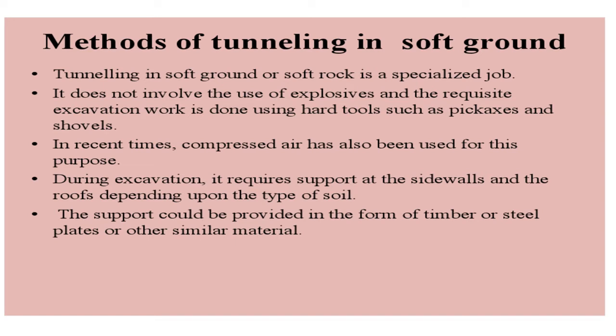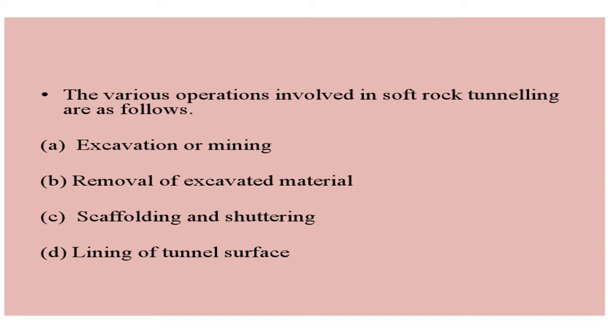The support can be in the form of timber, or steel plate, or any other similar material. Now, the various operations involved in soft rock tunneling include excavation or mining, removal of excavated material, scaffolding and shuttering, and lining of the tunnel surface.